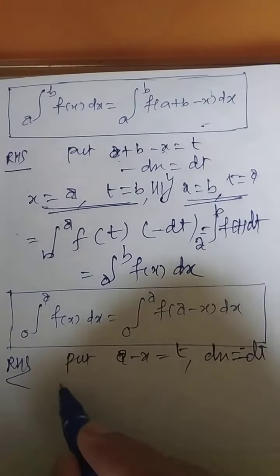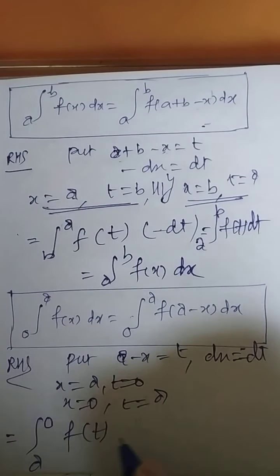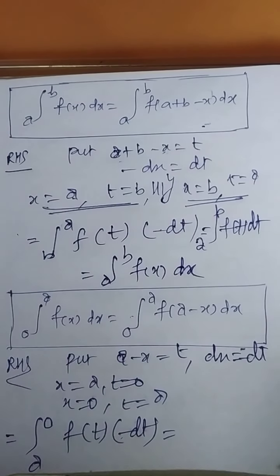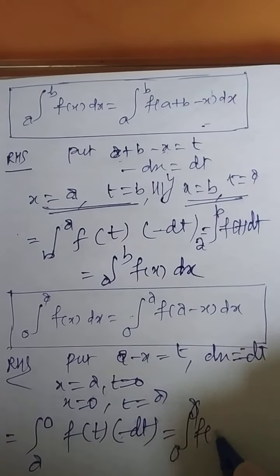So the right hand side will be, whenever 0 is there, it will be a, and over here 0, it will be f(t), it will be minus dt. This minus I can apply to the lower and upper limits, so it will be nothing but integral 0 to a f(t) dt, but change of variable you can use, and integral 0 to a f of x dx is nothing but the left hand side.